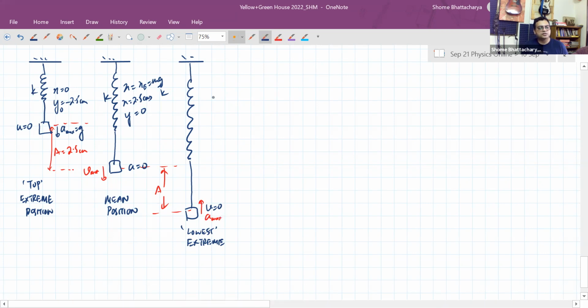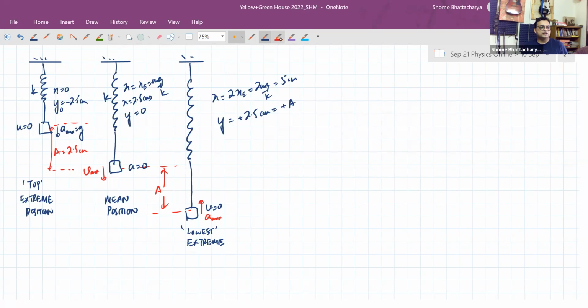The spring's extension is actually 2 times xe, or 2 times mg by k, which is 5 centimeters. And the y coordinate is plus 2.5, the positive of the amplitude, whereas at the top it was the negative of the amplitude. So hence you can see that this is the maximum extension.